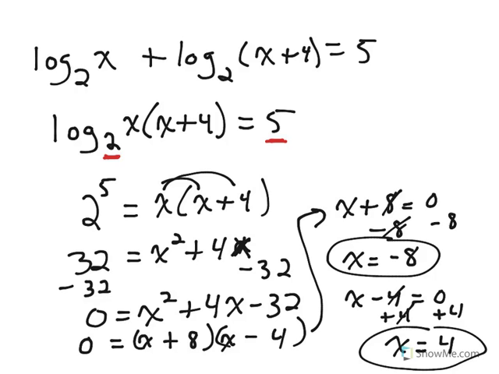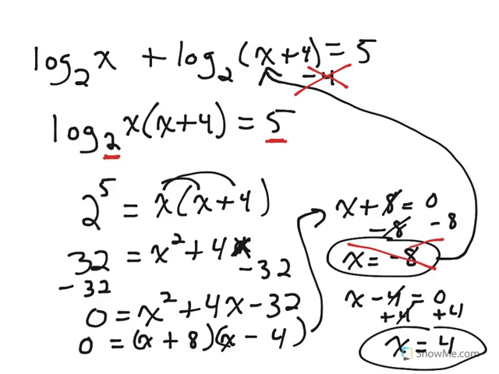Always double check your answers. If we plug this back into our original equation, -8 plus 4 will give us a -4, and you cannot take the log of a negative number. So we throw out the -8. We have a single answer, x equals 4.